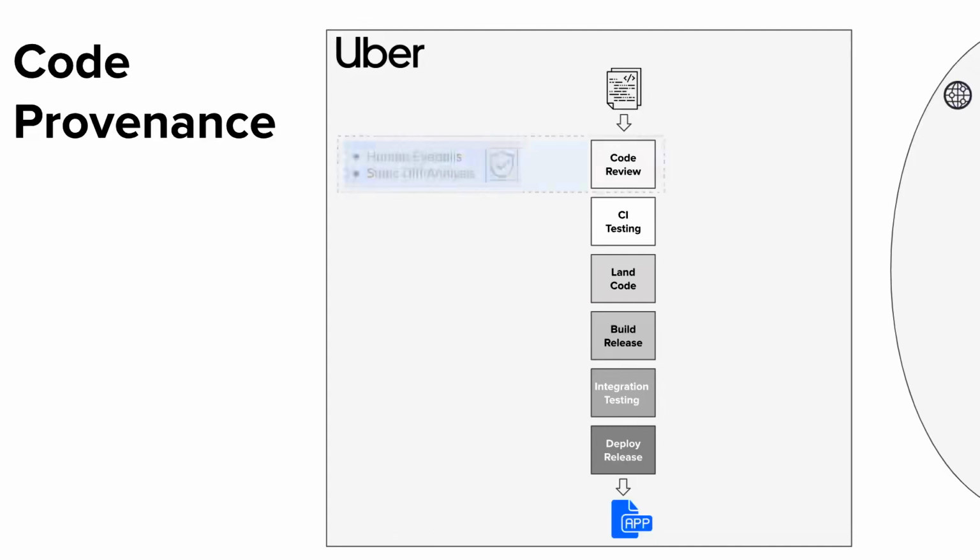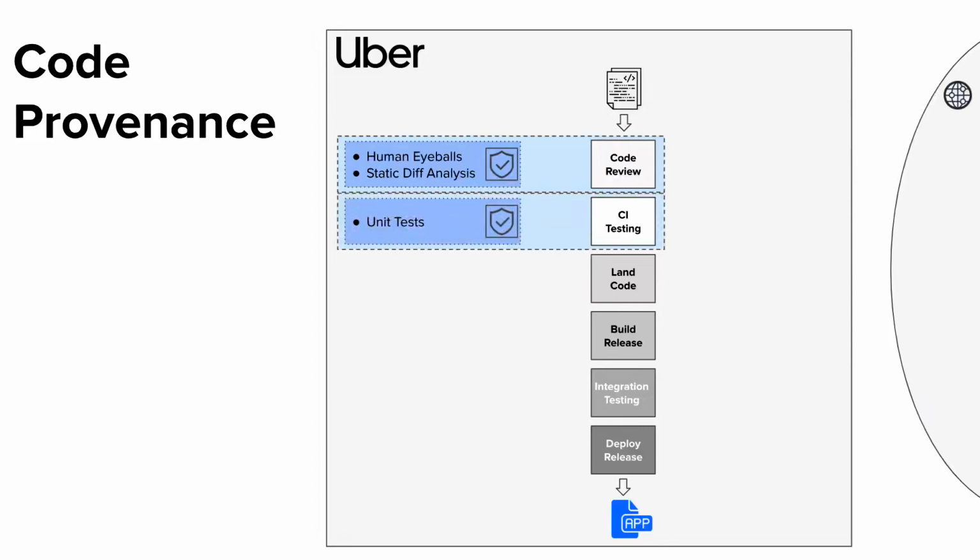So at code review time, this is our first chance to check for errors, bugs, and vulnerabilities, both through peer review, or robots through automated analysis. We can check the diff to make sure that no new issue has been introduced. At CI testing time, we can ensure that the code has not regressed, both in logic and reliability, and make sure that the diff is stable. Security unit tests here can add some checks for security vulnerabilities.